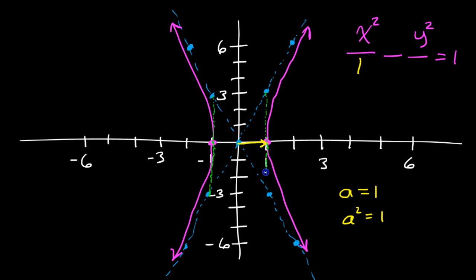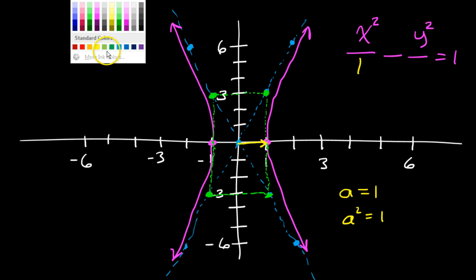So these are sides of my rectangle. But I also know that the asymptotes have to pass right through the corners of this rectangle, which means right here where the side of my rectangle hits the asymptote, this has to be a corner, and this has to be a corner. Which means that this must be the other side of that rectangle right here. So because of that, I now know what the b value is.